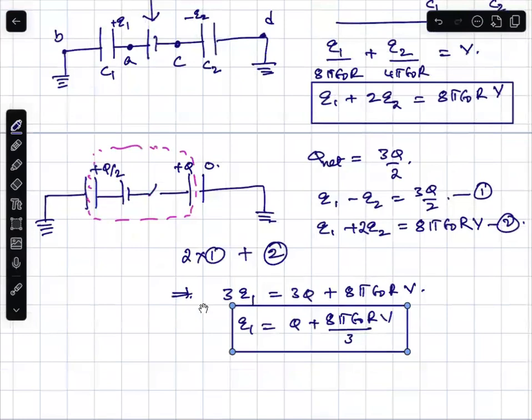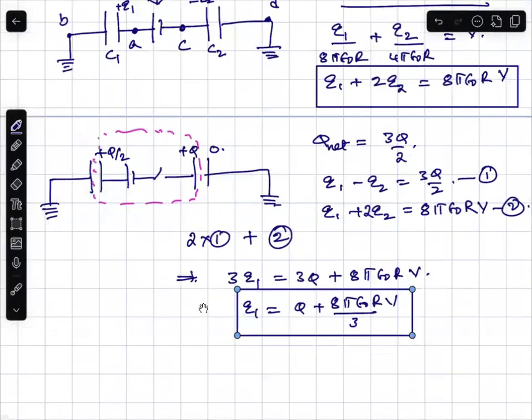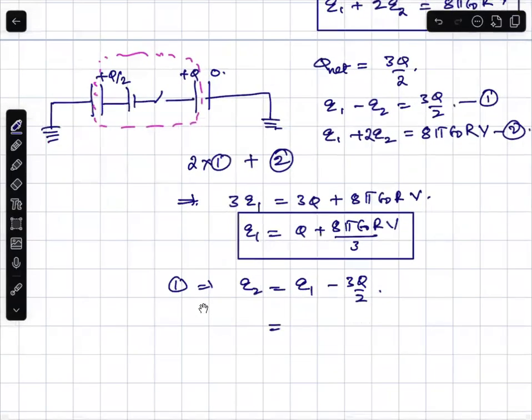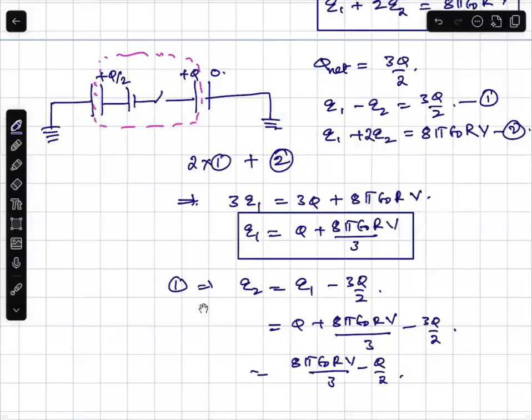Sure. Next, now you substitute this in equation 1. Equation 1 implies Q2 is Q1 minus 3Q by 2. This is equal to Q plus 8 pi epsilon naught RV by 3 minus 3Q by 2. So this will become 8 pi epsilon naught RV by 3 minus Q by 2. That is Q2.